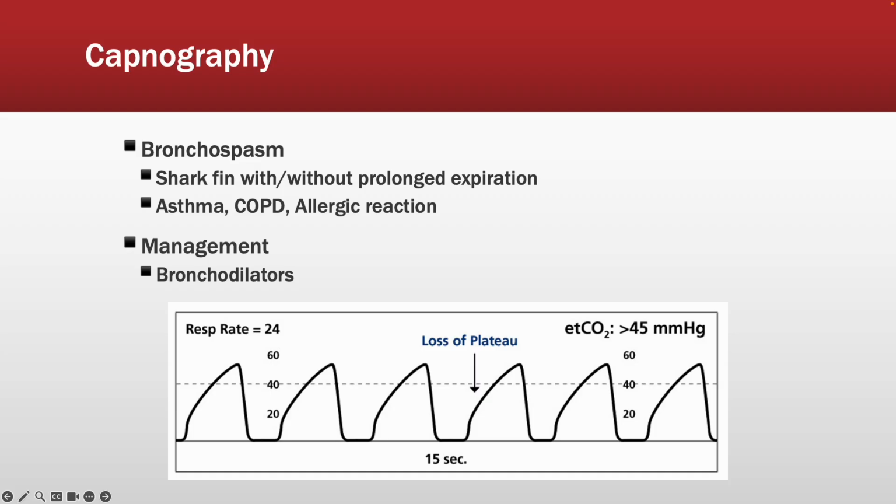They'll likely be in respiratory distress of some degree. They may be tachypneic. They may have a lot of wheezing. It's just very characteristic of a bronchospasm. And our treatment is going to be bronchodilators. We need to open them back up and relieve that bronchospasm.